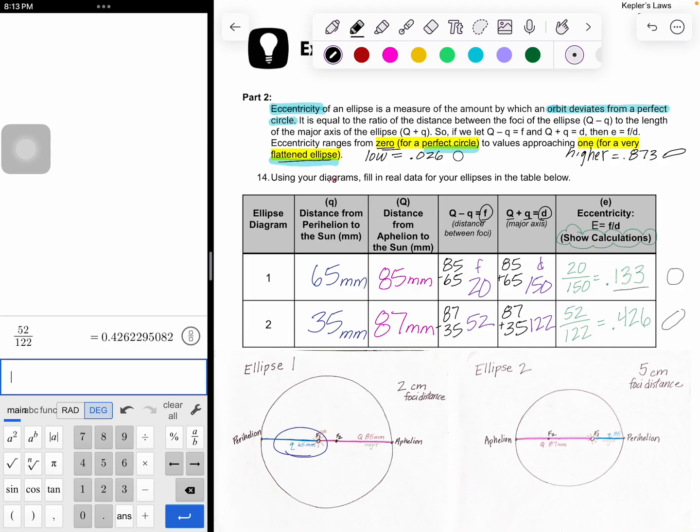I'm going to elongate that one and draw it a little bit more elliptical just to get that visual. Okay? So that is my eccentricity calculation. It's fairly simple with these 3 formulas. You're always going to have those from me. You just have to be able to find the data and go ahead and plug it in.